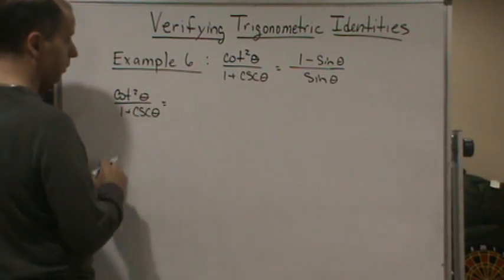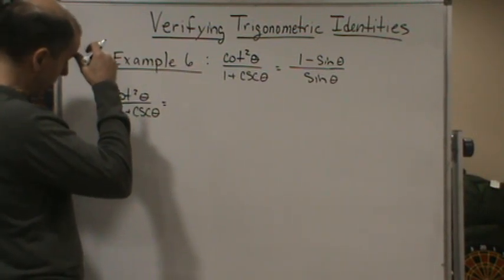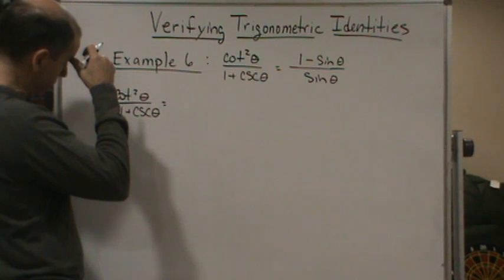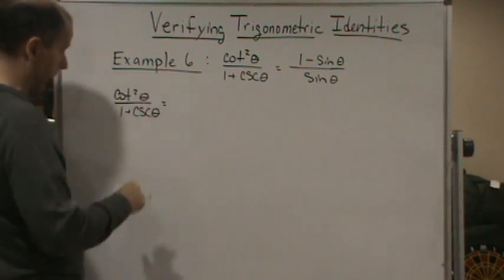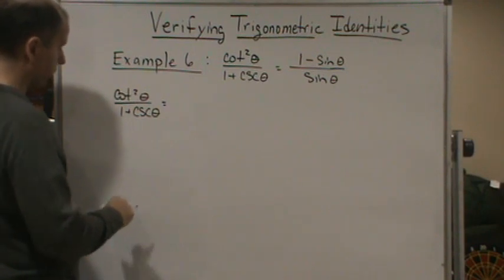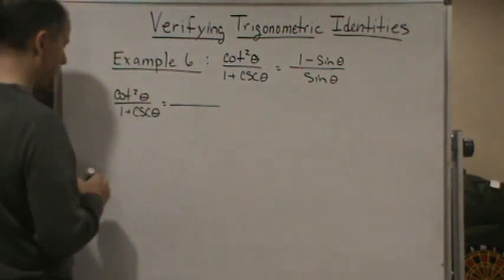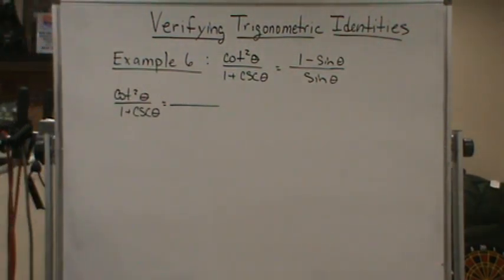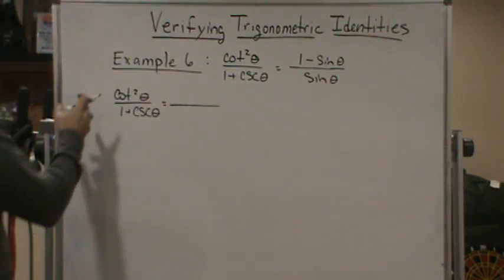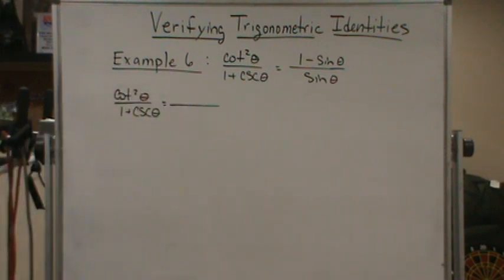If we split it up into two fractions, that's really not going to help us. So let's do the Pythagorean identity. So remember the Pythagorean identity? So cotangent and cosecant are paired together.